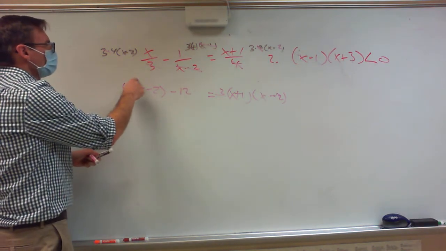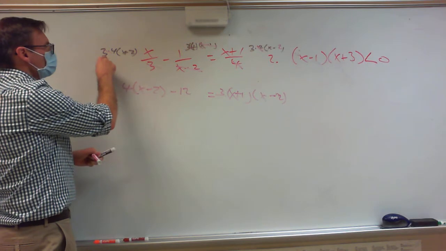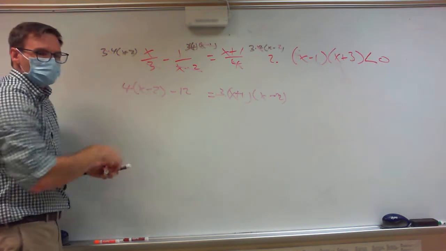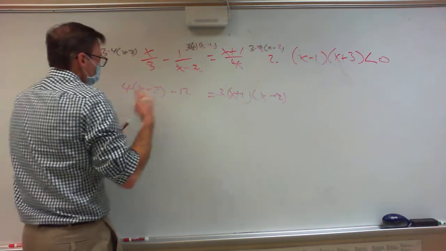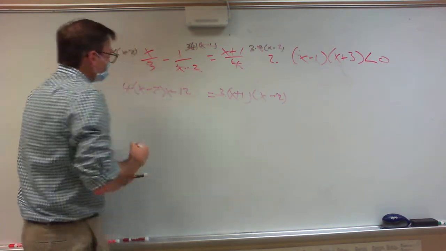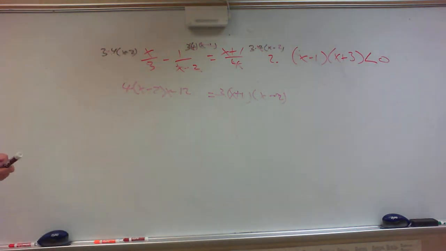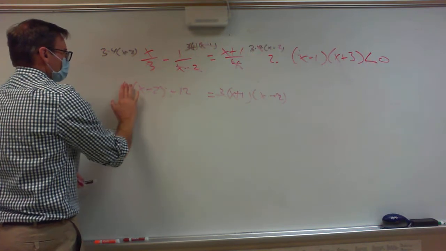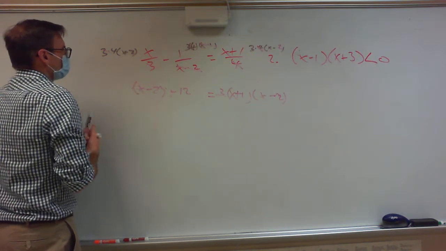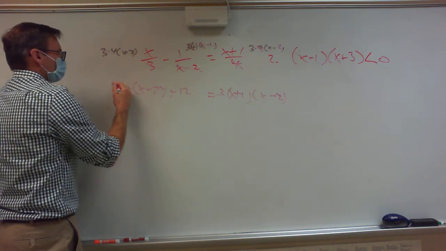This 3 canceled this 3, so then what's left is 4 times x minus 2, times x. Oh, times x. I left off the x. All right, well, visually, it would probably be easier if I write it 4x times that. Yeah, so why don't we write that 4x?